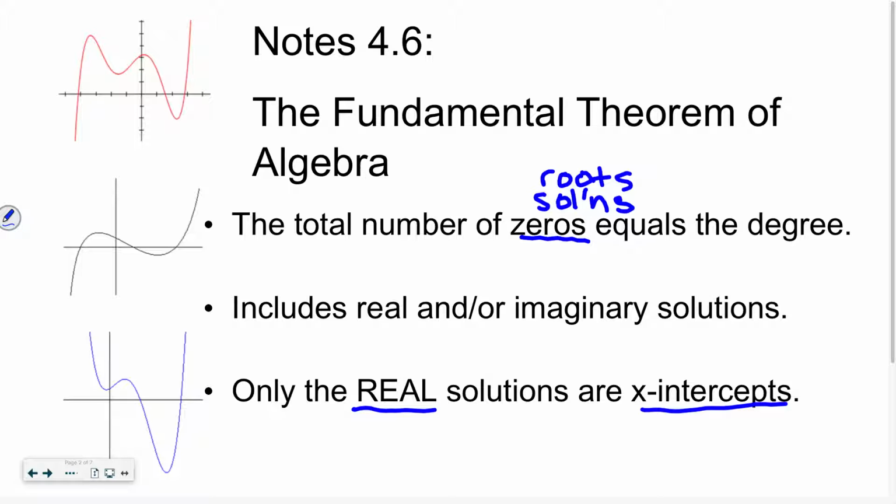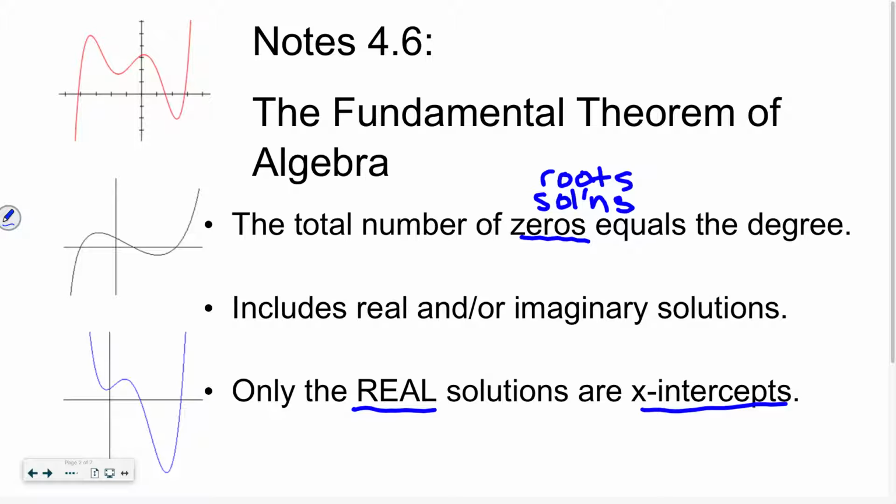The factors and the zeros are at the bottom of that, so it makes sense that we would call them roots. So I'm going to say the total number of zeros, solutions, or roots is equal to the degree. That includes all your real and or imaginary solutions if any exist, but only the real solutions will show up as x-intercepts on your graph.